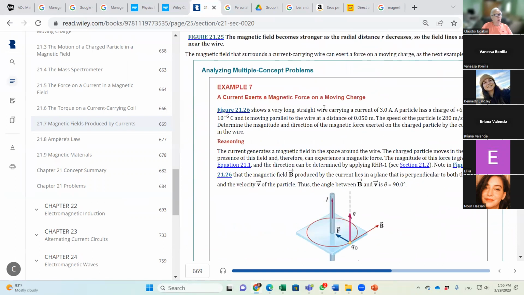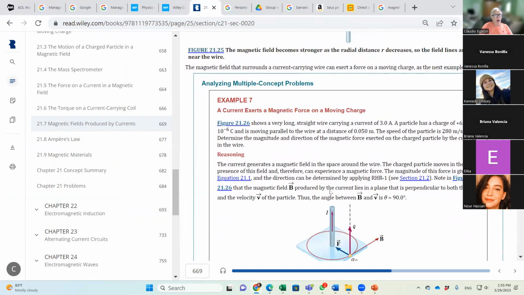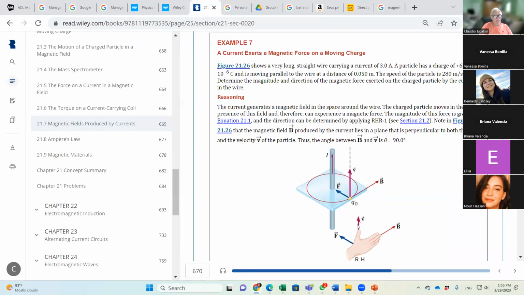Okay. And then knowing this relationship for the magnetic field, now you can do some simple examples, right? What's the magnetic force that the current in the wire exerts on a moving charge? If you have this moving charge moving parallel to the wire, what would be the magnetic force? Well, if the charge is at rest, the magnetic force is zero.